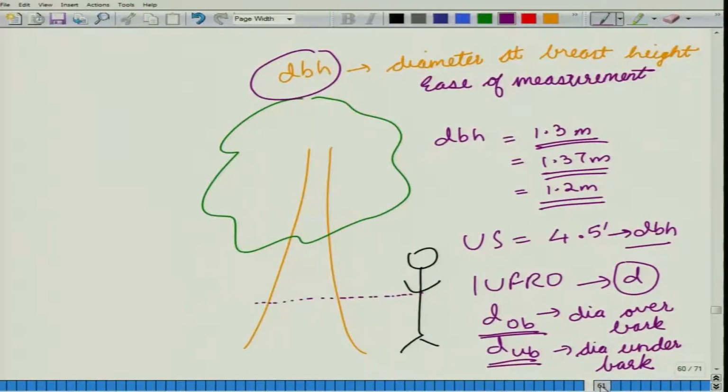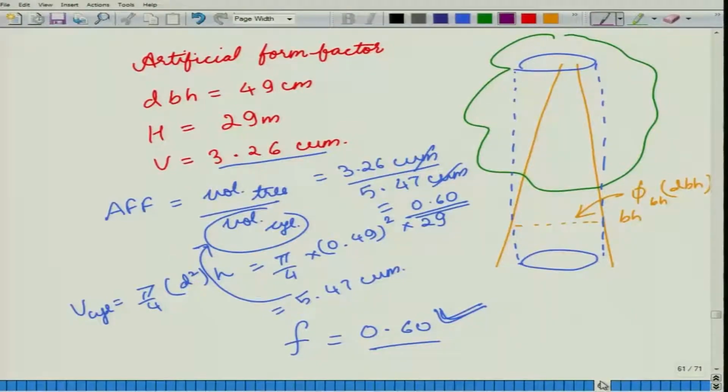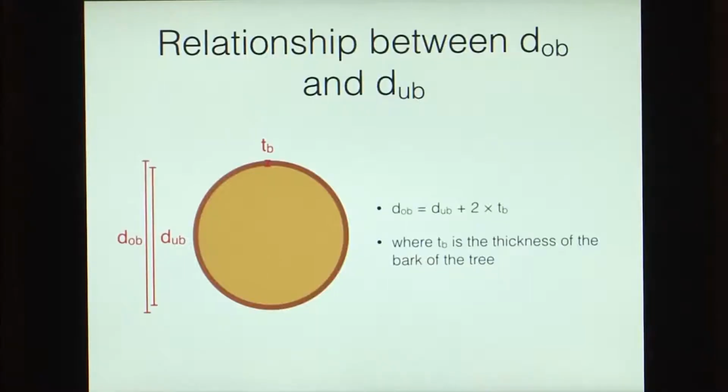So, as we saw in the previous lectures, DUB and DOB are related.